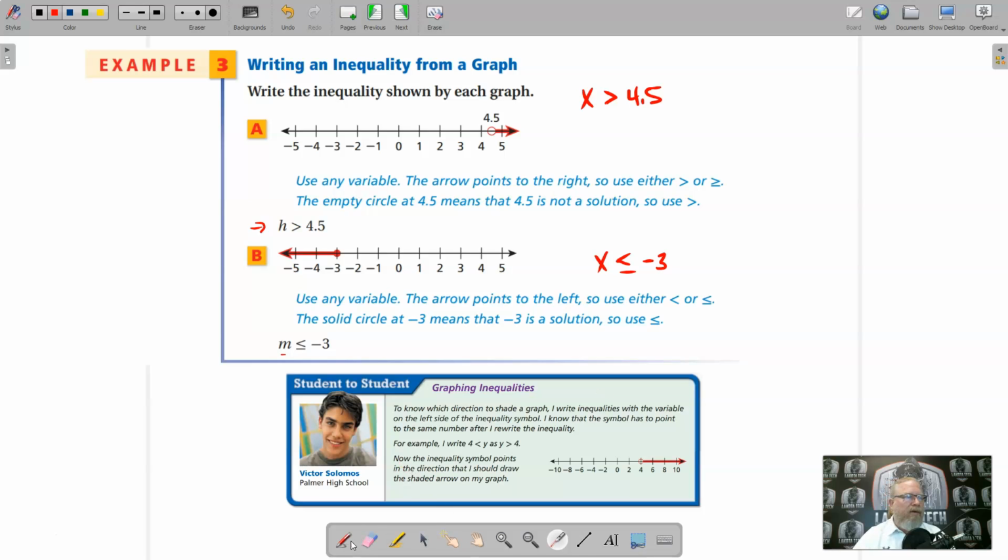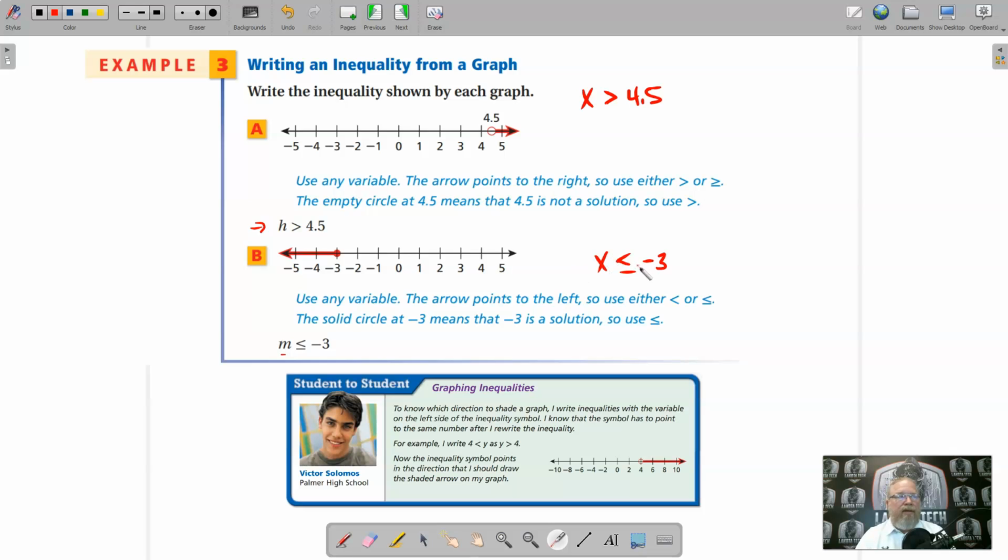And likewise, whenever we did these examples on writing the inequality from the graph, because it goes to the right, I knew to go ahead and use a symbol that looks like an arrow pointing to the right. And on example B, since it goes to the left, I knew to use the symbol that looked like it's going to the left.